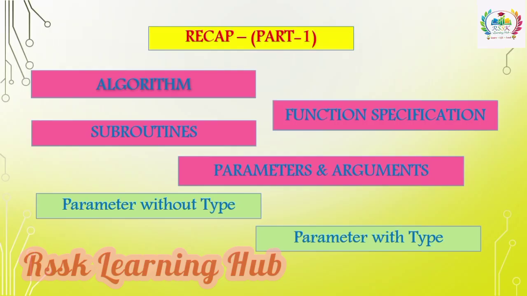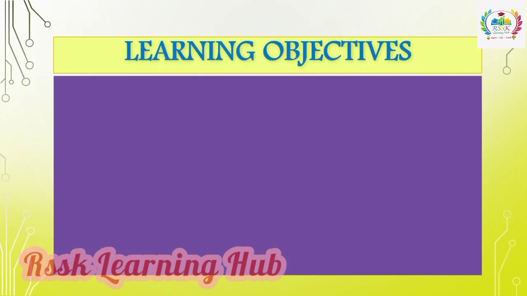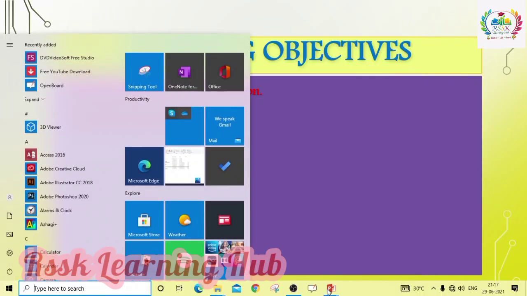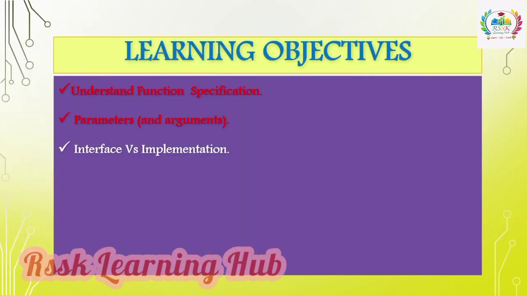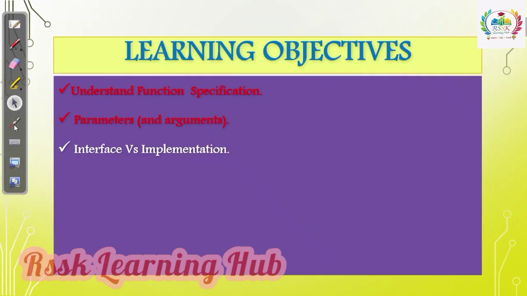So in today's class we are going to see about interfaces and how to implement them. Then what is a pure function, and what are the side effects of using an impure function?